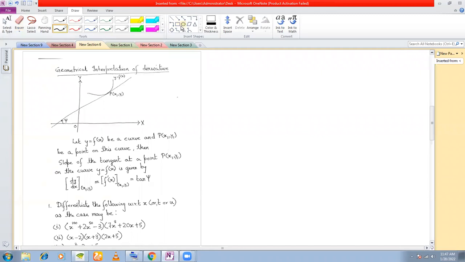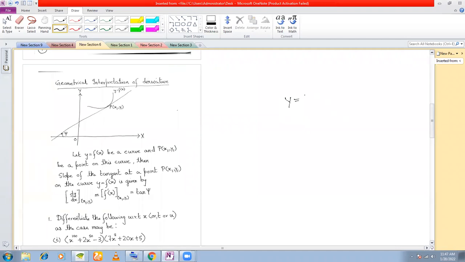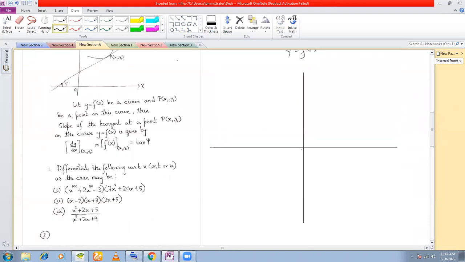See, graphically, if I am to draw y is equal to f(x), a given function, if I am to draw this on the coordinate axis, plot the points and draw a graph of this, let's say I'm getting a graph, something like this, of this function y is equal to f(x).